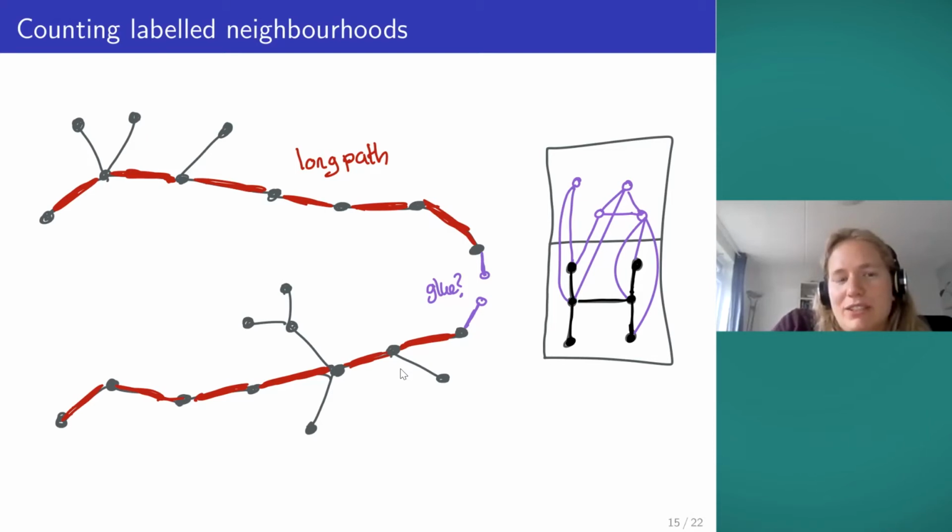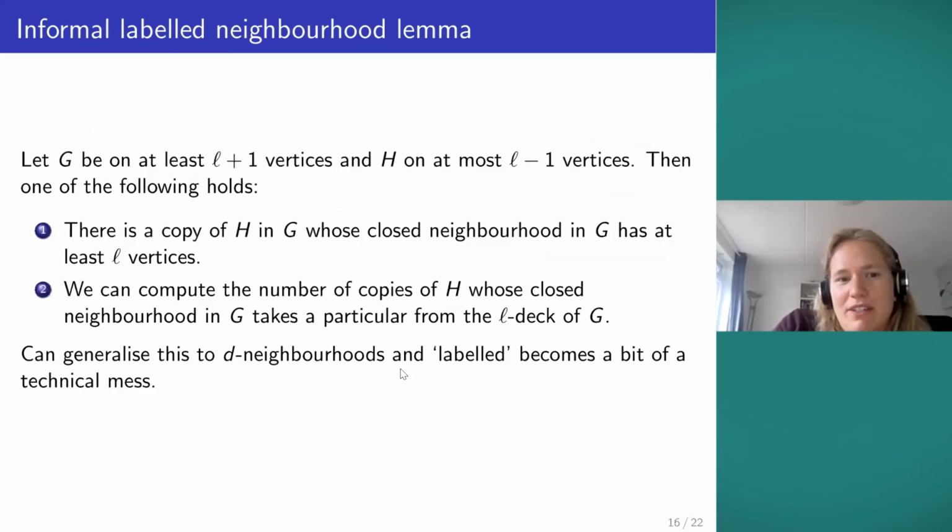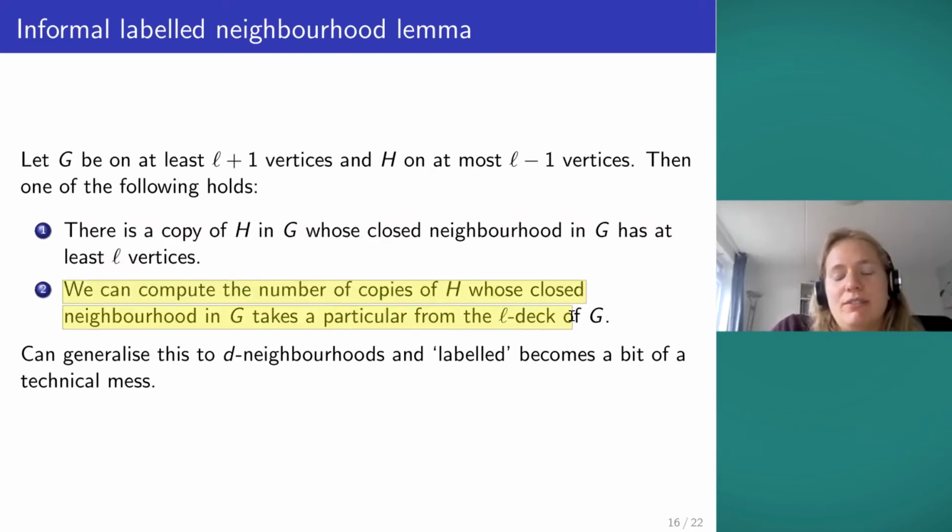Okay, so how do we count these kinds of neighborhoods? What can we do for that? So there's again an issue that we need to make sure that the one balls all fit on the card. But after that, if it's the case that the one balls all fit on the cards, then we can in fact do this counting.